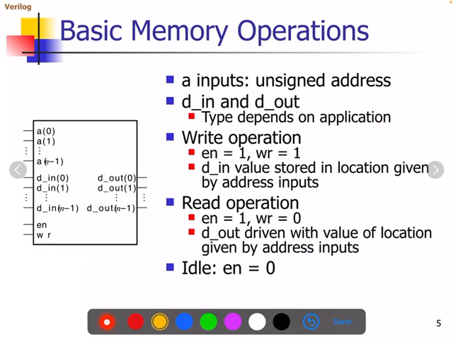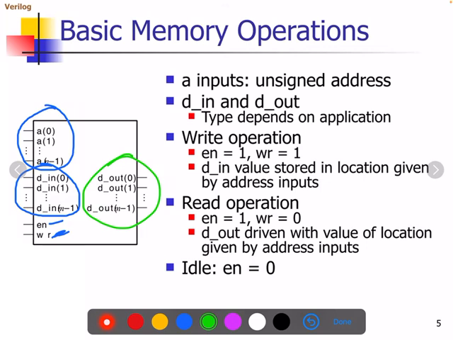Coming to the basic memory operations, as we already know, there will be an address to say at which location we are going to store the data in the memory, and also data input in the form of D in. Enable is also there. Read and write operations are performed by enabling this pin, and at the output side there is D out.